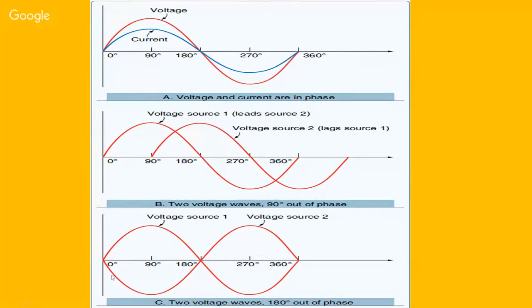And here, the two voltage waves are 180 degrees out of phase. So if this is increasing in the positive direction, the second voltage wave is increasing in the negative direction. So they are totally out of phase by 180 degrees.